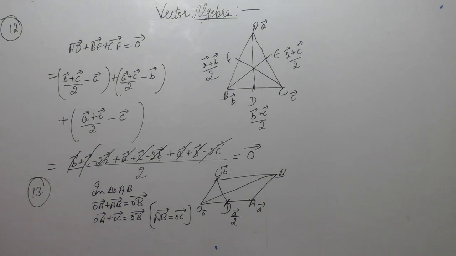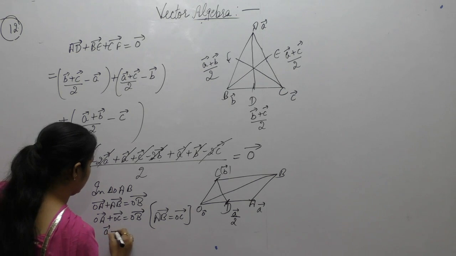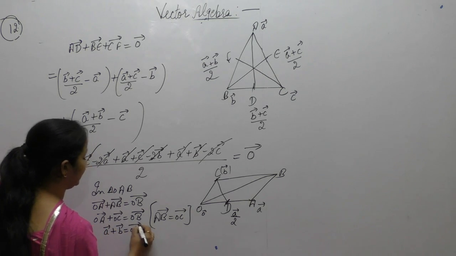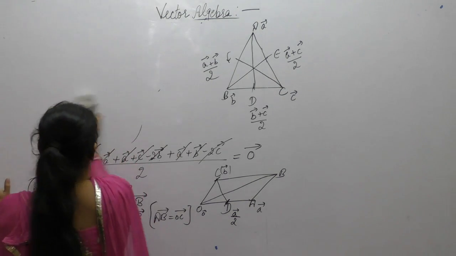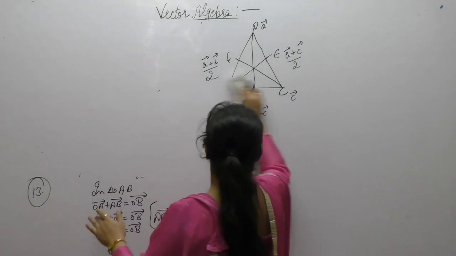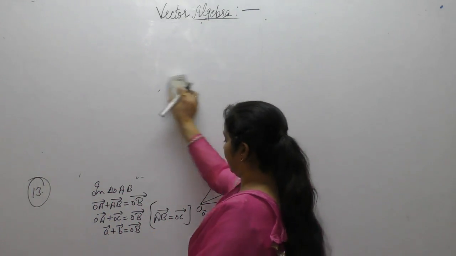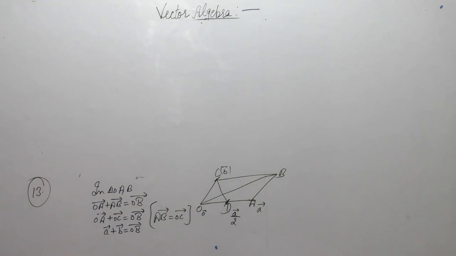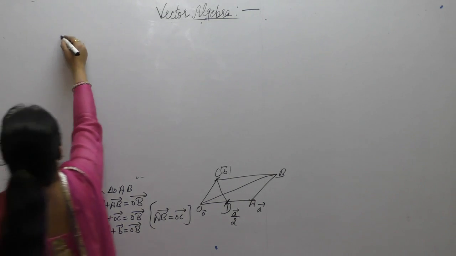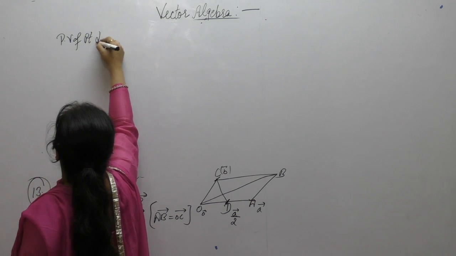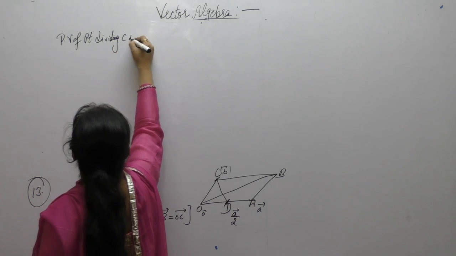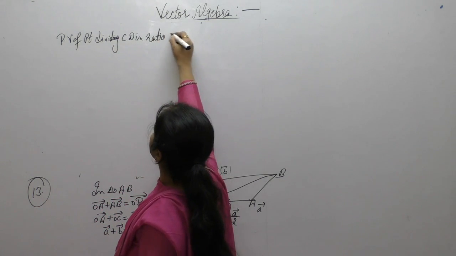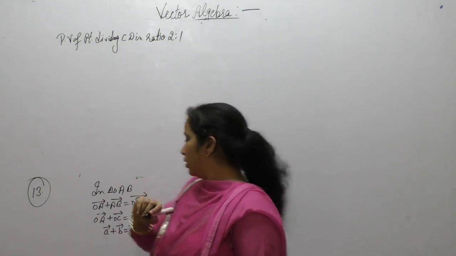So OB is equal to A vector plus B vector. Since D is the midpoint, therefore position vector of D is A vector upon 2. Now position vector of a point dividing CD in ratio 2:1 because it trisects, therefore the ratio 2:1.